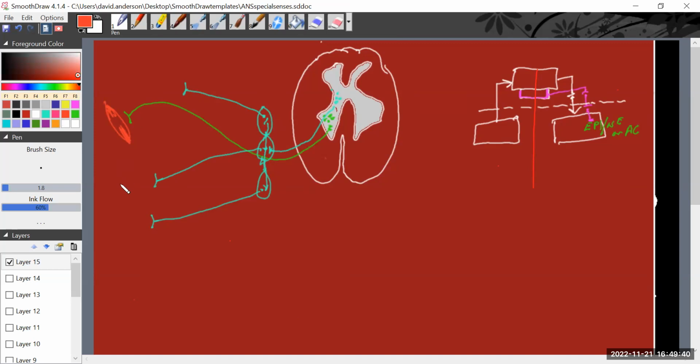So, for example, we might hit the heart or the lungs. And our neurotransmitter at the targets here are going to be epinephrine, norepinephrine, right? And at the skeletal muscle, we all know the neurotransmitter is what?